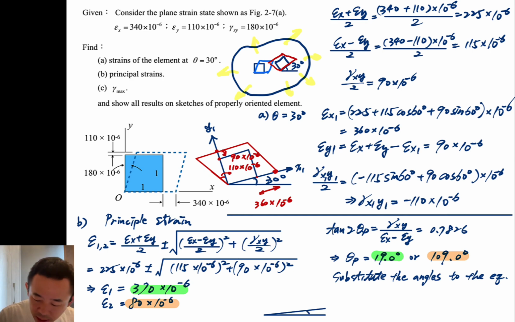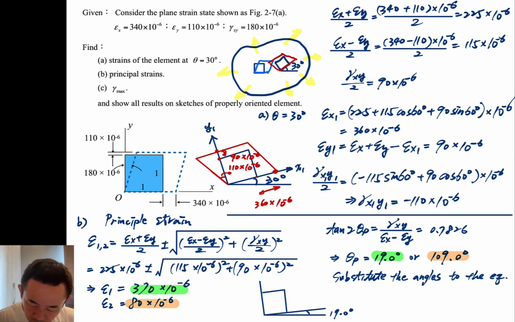So it should be 19.0 degrees, and of course we have a y1 axis. And we have the original shape.